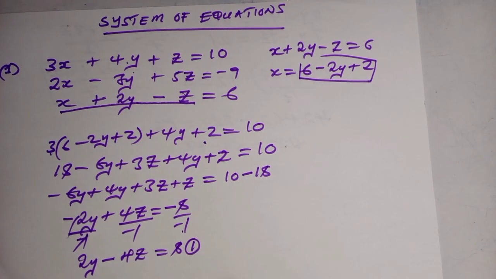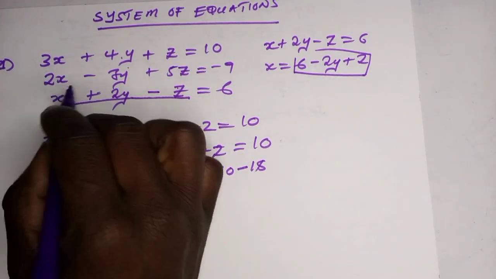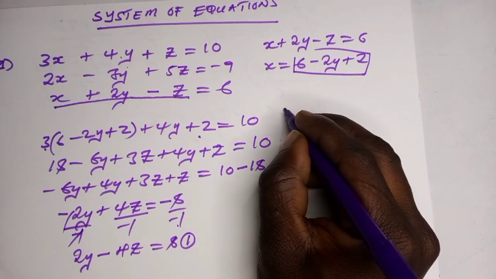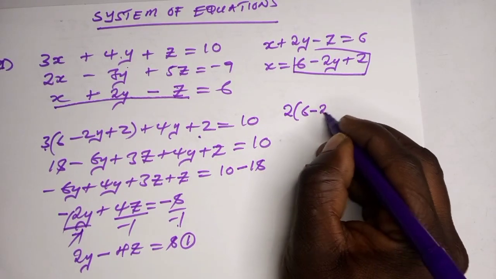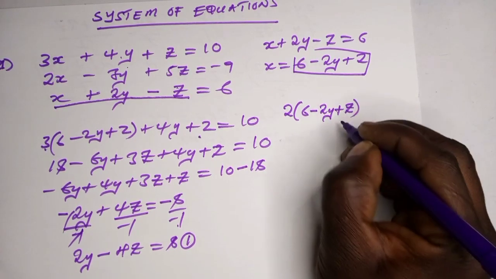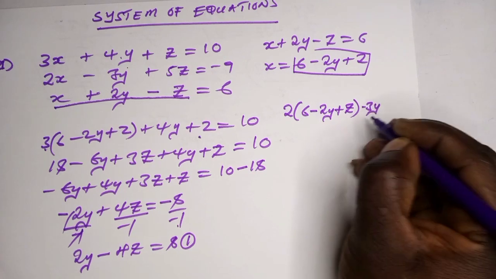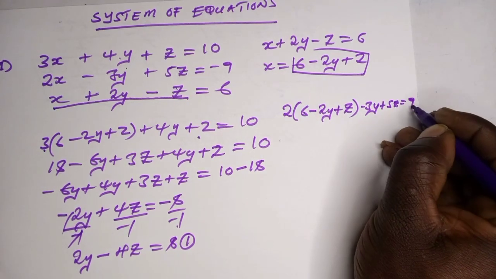Let's make equation 2. Let's take this one: 2 outside, then 6 minus 2y plus z in the bracket, then minus 3y plus 5z equals minus 9.